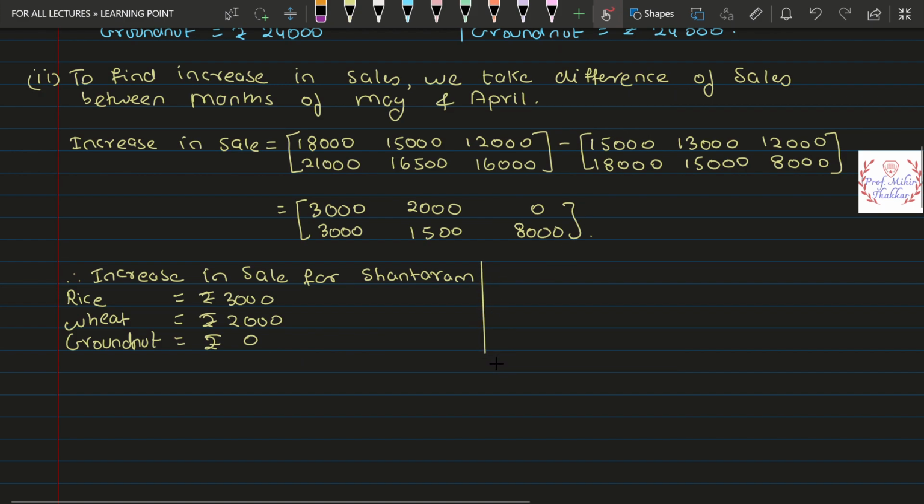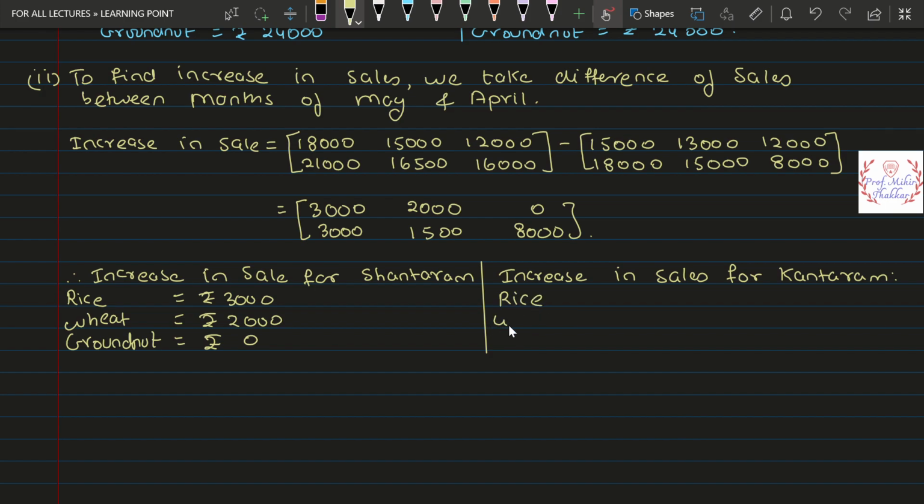Whereas increase in sales for Kantaram for rice, wheat and groundnut is the second row elements, which is 3,000, 1,500 and rupees 8,000. So that is the answer for your second part, which is asking us the increase.